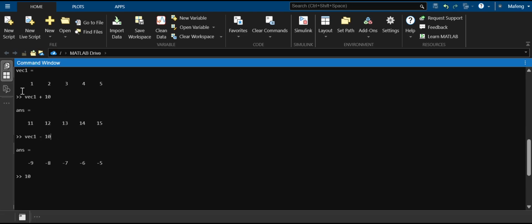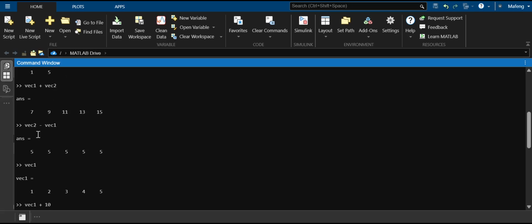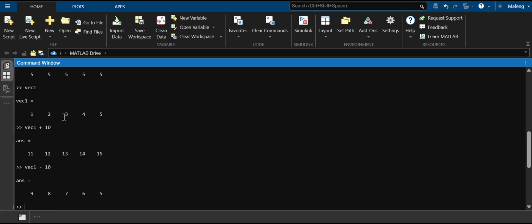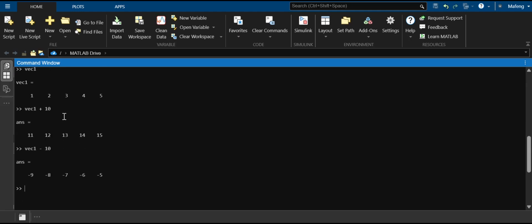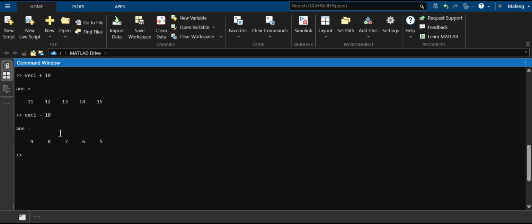So this now means that you're subtracting 10 from each element in your vector, right? So that's addition and subtraction. If you're adding or subtracting two vectors, both of them must have the same dimensions so that there'll be no mismatch. And if you do it with scalars, the scalar will be added to each element in your vector or matrix.